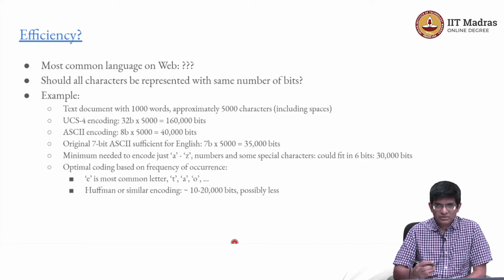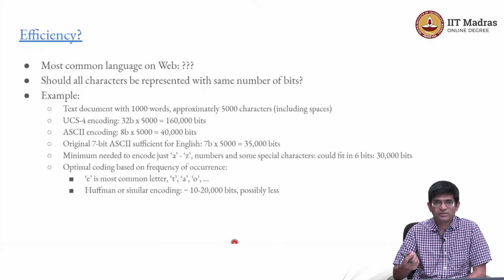Now, even more efficient encodings are possible, because from your reading of any documents in English, you would have noticed that certain letters occur more frequently than others. So Z and Q, for example, are fairly rare occurrences in regular usage. E, on the other hand, is the most common. And this is pretty much well known from an analysis of a large corpus of English language documents.